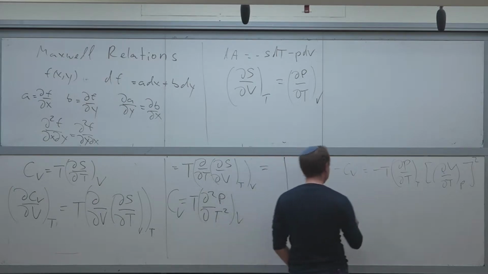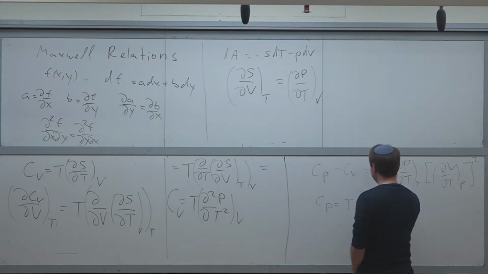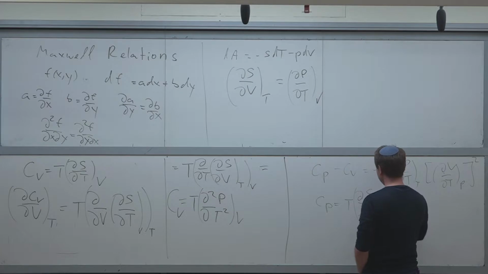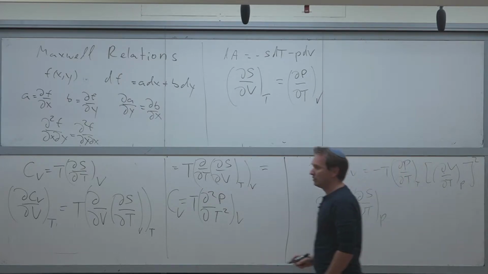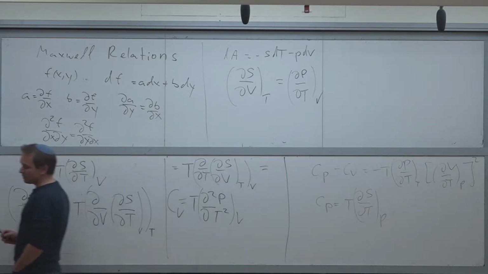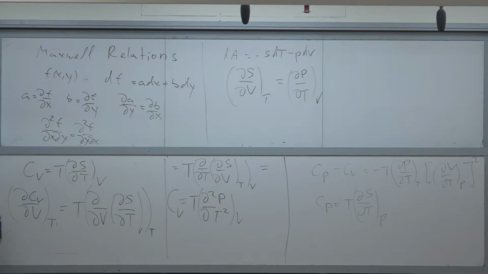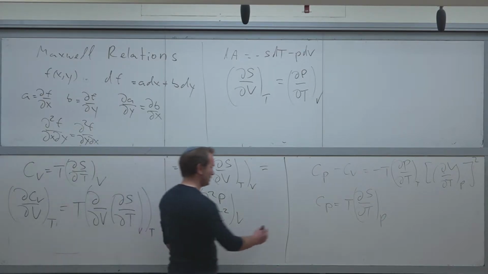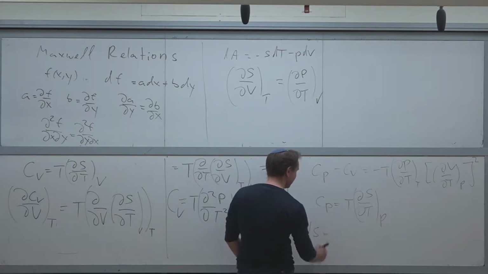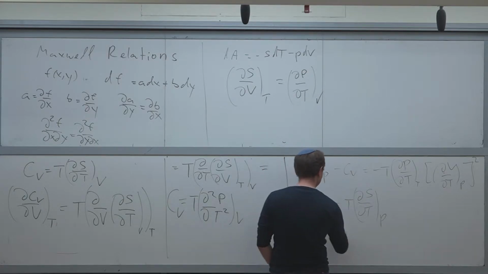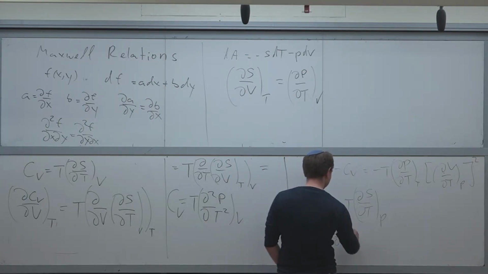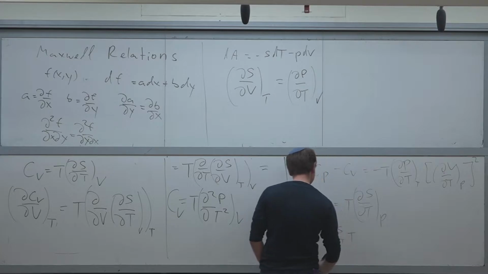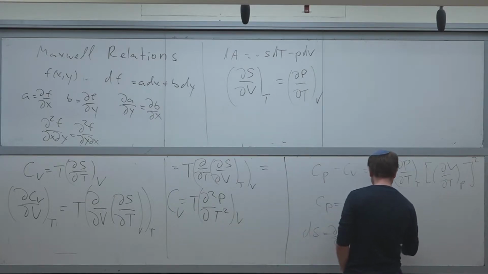Cp is T dS/dT, keeping pressure constant. And remembering that dS equals dS/dT dT plus dS/dV dV.